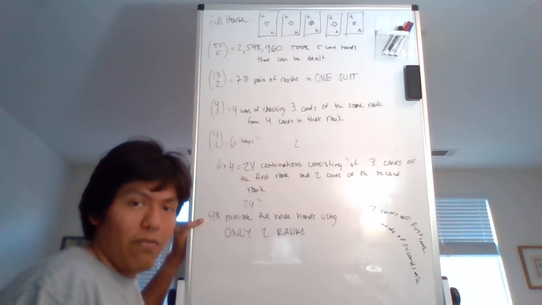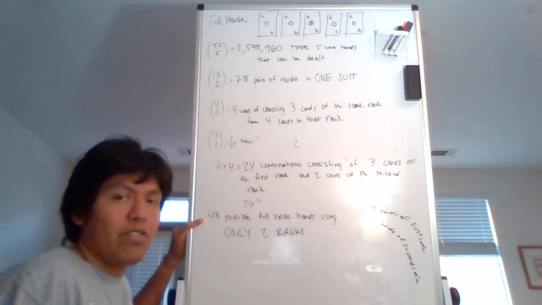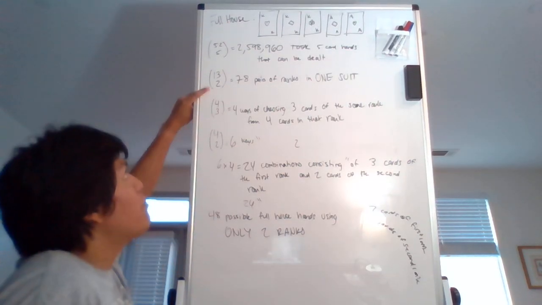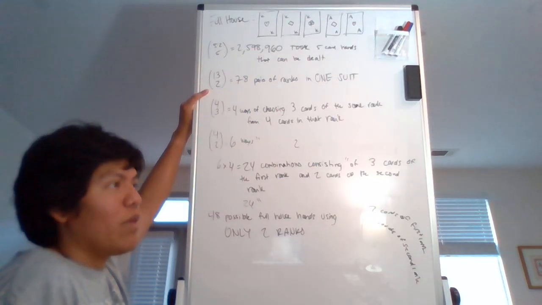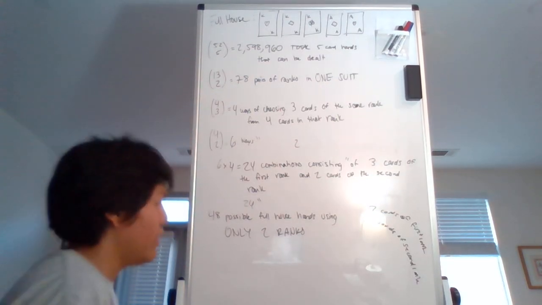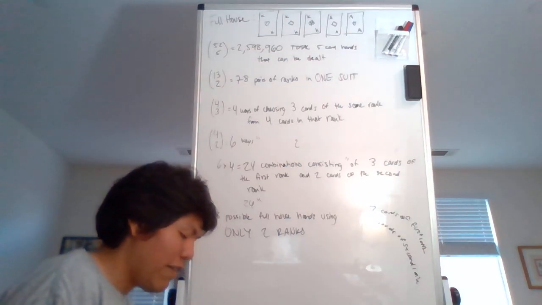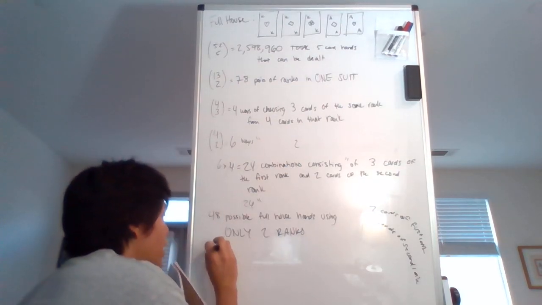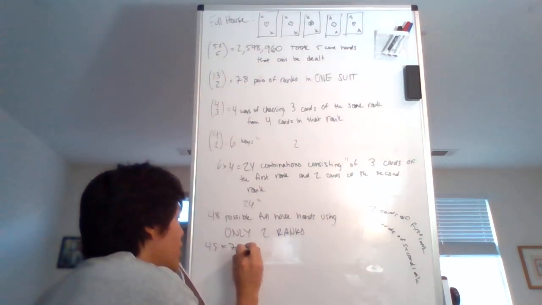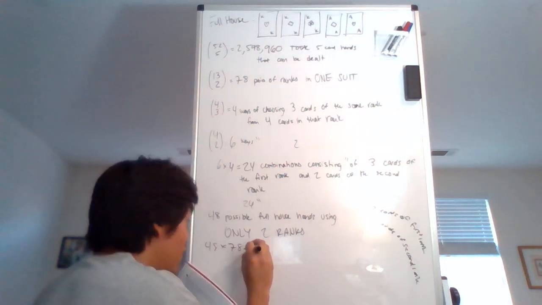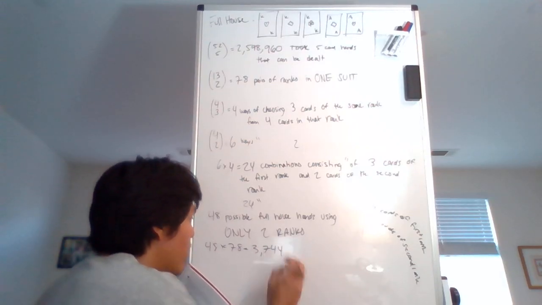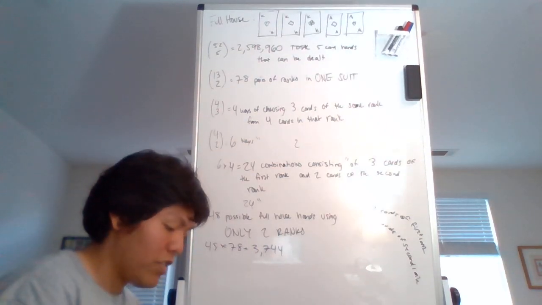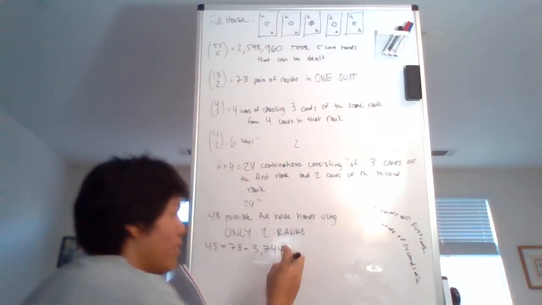Because there are 48 possible full house combinations using 2 ranks, but there are 78 total pairs of ranks, we multiply 48 times 78, and that gives us 3,744 possible distinct full house combinations.